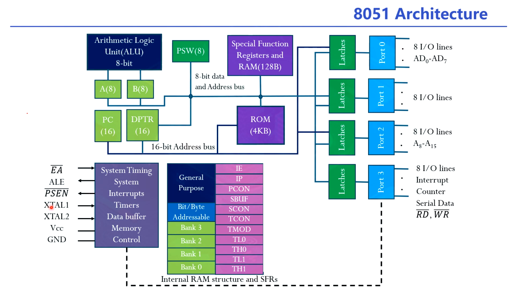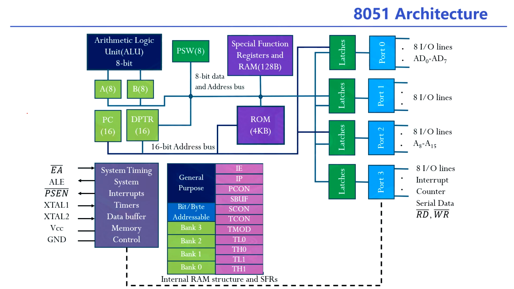And here we can apply a frequency between 1 megahertz to 40 megahertz based on our requirement when you are operating parallel communication, that is parallel data transmission. But when you are operating with serial data communication, so when you are using the serial port of the 8051, in this case you need to supply 11.0592 megahertz only.